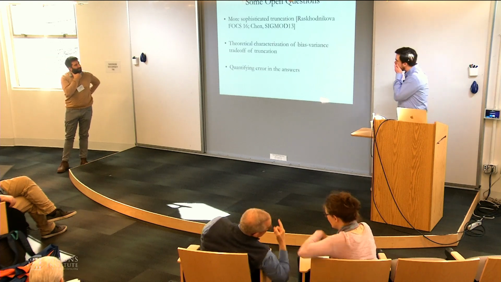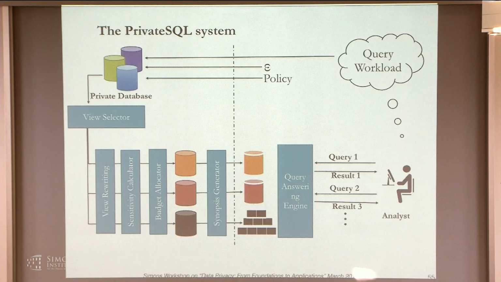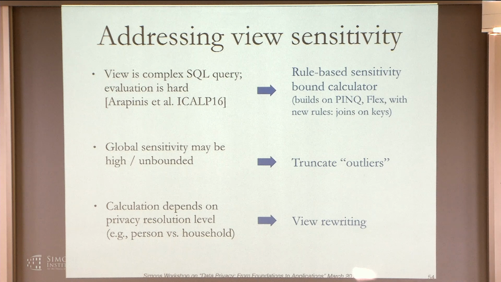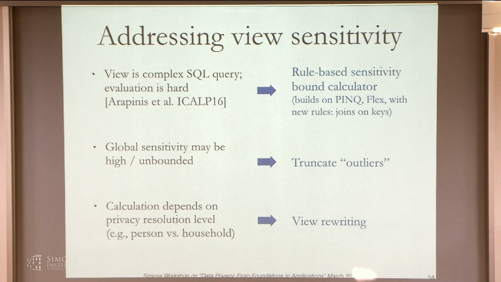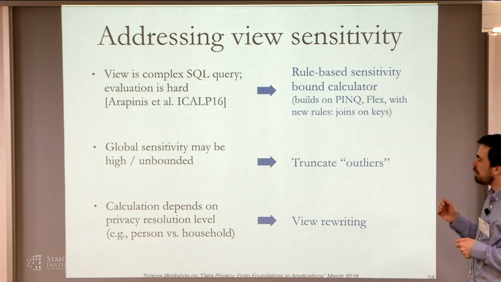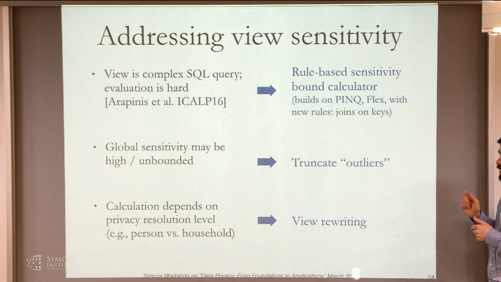So, with the view rewriting, for instance, say with a query about people, but the private object is the household, we would use some differential privacy loss budget to estimate household sizes.